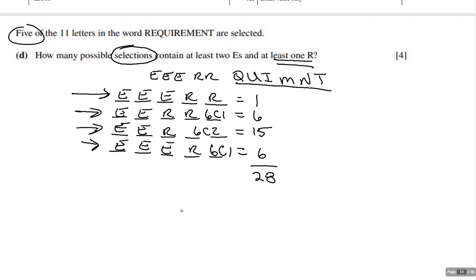Now, I want you to again see the difference in this question. They've asked me for the number of ways. If they just ask about the number of ways, when you fill in these letters, you're not going to worry about choosing them. You just need to figure out how you're going to choose the empty spaces.